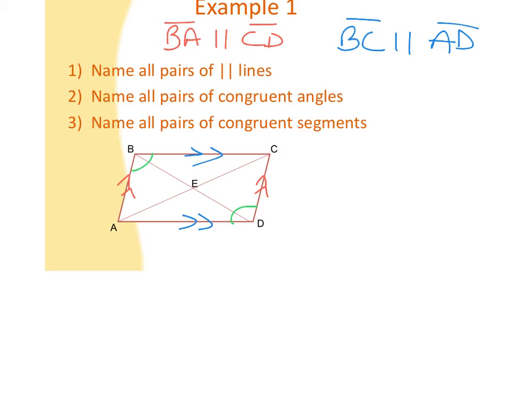So I need to name my angles with 3 letters. Can someone name me a congruent angle pair? And we're naming it with 3 letters. Mary Angel. Angle BAD is congruent to angle DCB. Okay, BAD, and you said DCB. Okay, so the 2 green ones that I highlighted.